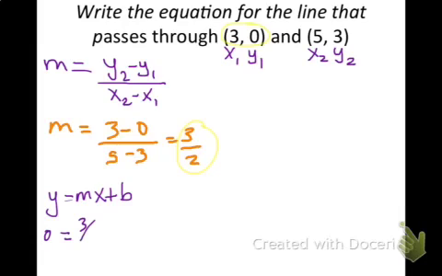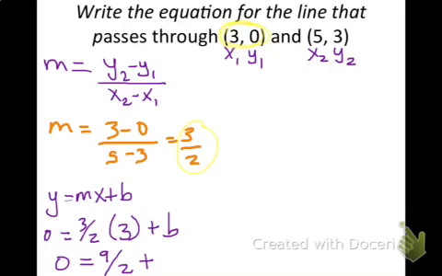M is 3/2. X is 3. And b we don't know. So again, we're using this coordinate right here, the x and the y value. Or you could have used the 5 and the 3, but you have to stick with one coordinate. So once we do that, we get that 0 is equal to 9/2 plus b.